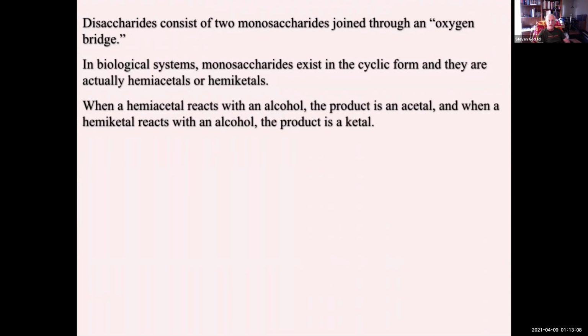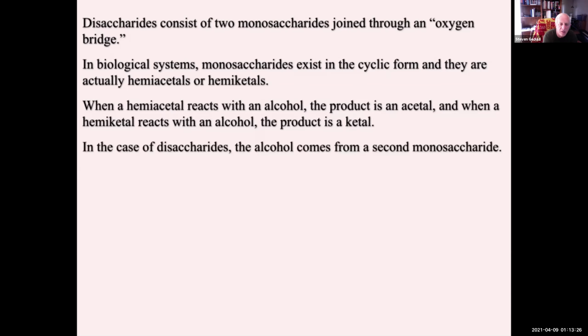Okay. When a hemiacetal reacts with an alcohol, the product is an acetal. When a hemiketal reacts with an alcohol, the product is a ketal. Just like we did before, exact same thing. So in the case of disaccharides, the alcohol comes from a 2nd monosaccharide because there's an OH group there.